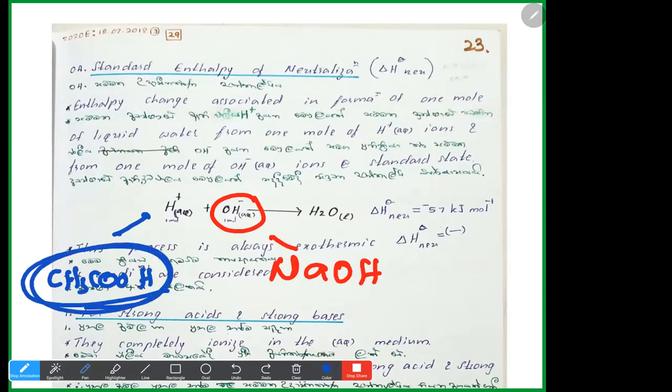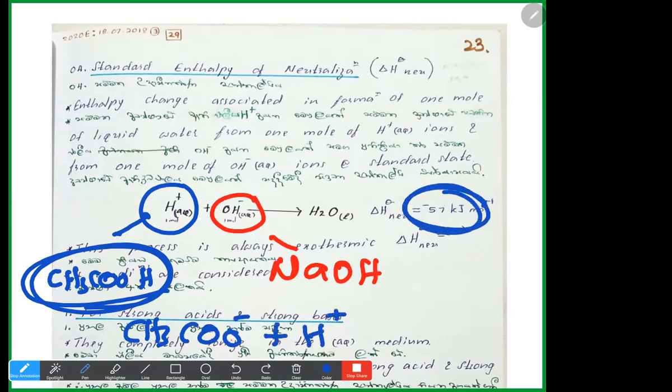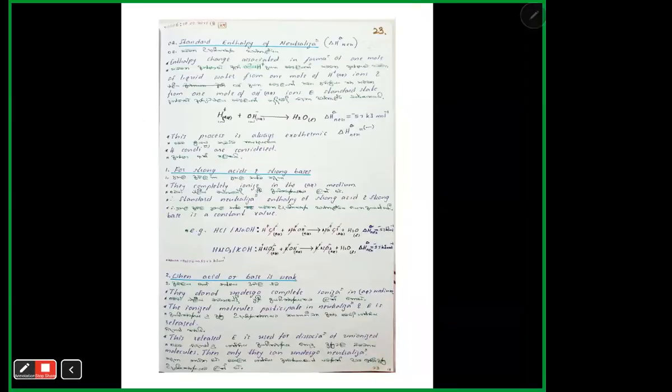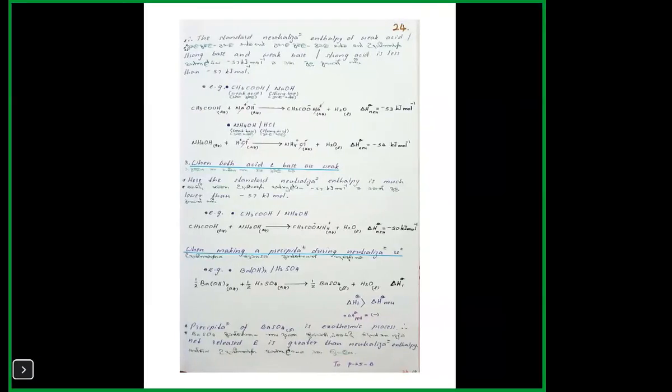So part is dissociating to give H plus to the medium. The rest has to dissociate as CH3COO minus plus H plus. Some of the released energy is used for this, so the value becomes less than 57. That is the explanation. Okay, I'm going to go on. I guess you can understand this.